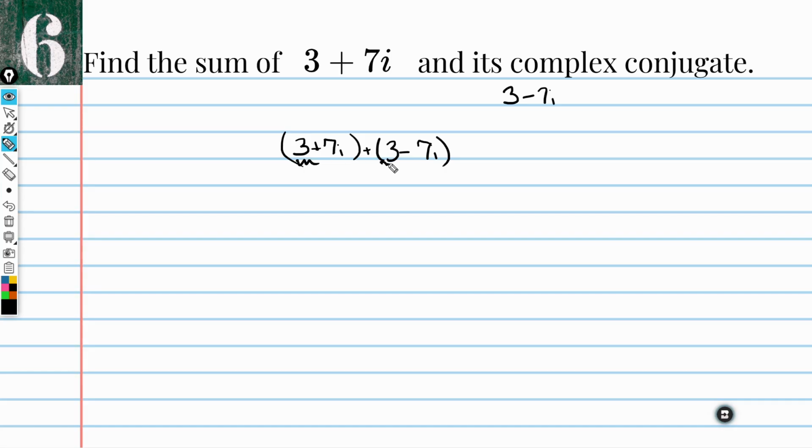So when we add them, our real number becomes 6, and our imaginary number cancels out. Every time you add a number to its complex conjugate, you're going to double the real and cancel out the imaginary.